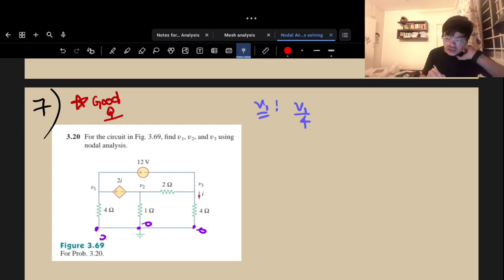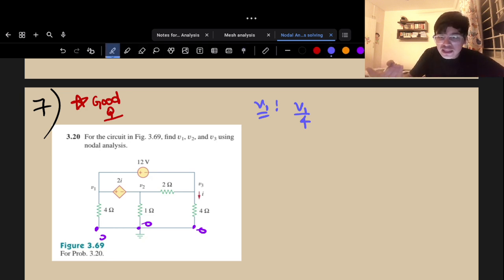Now, you can see that this is a supernode, but you can also see that this is also my supernode. Hmm. Now, what to do? You can either consider that this is one supernode. In the end everything is just linear equations. Everything we have done so far is just linear equations, right?